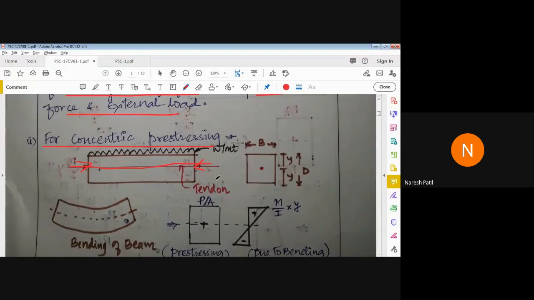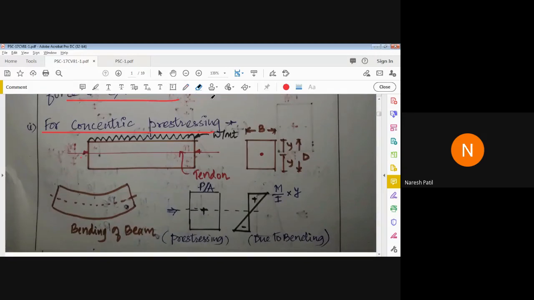Jyoti? Yes, sir. Okay, concentric means what? The location of the cable and the centroid of the section are in the same line. So that's why it is called concentric. Okay.